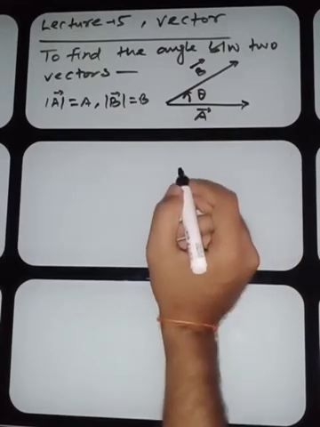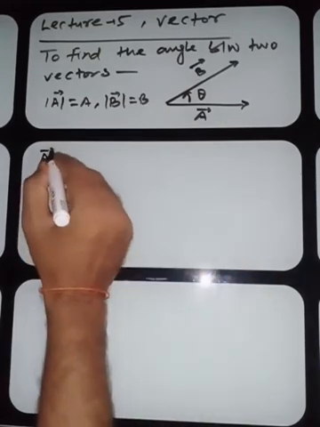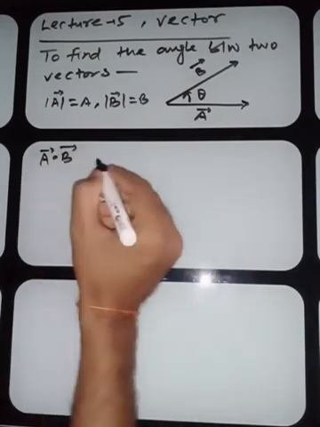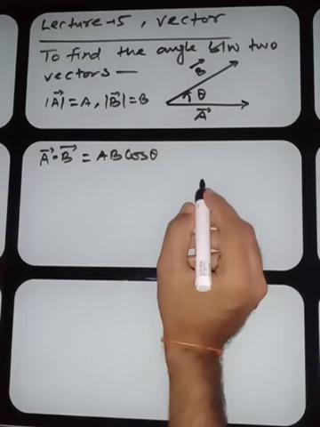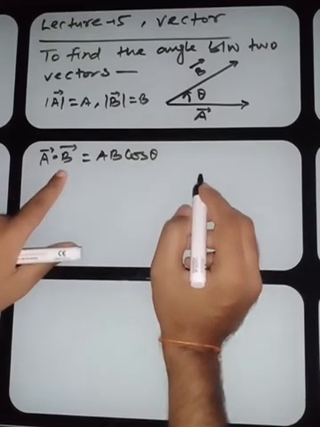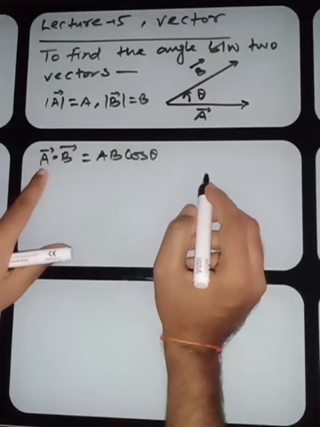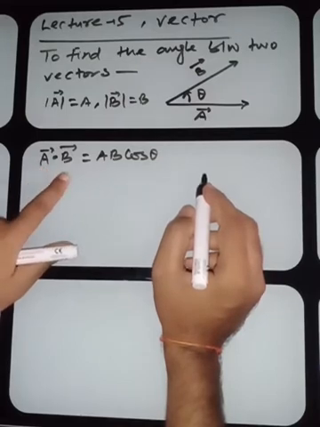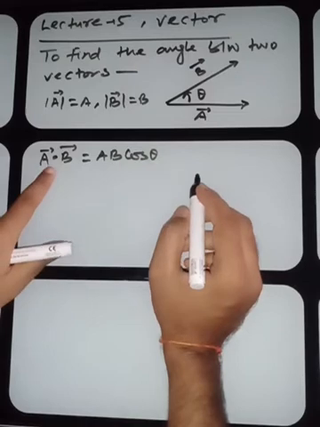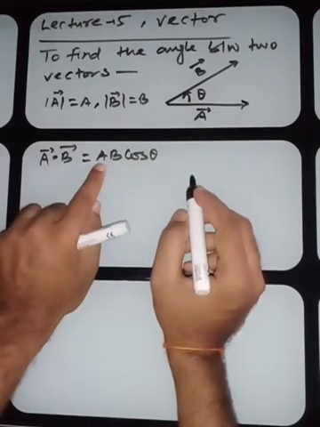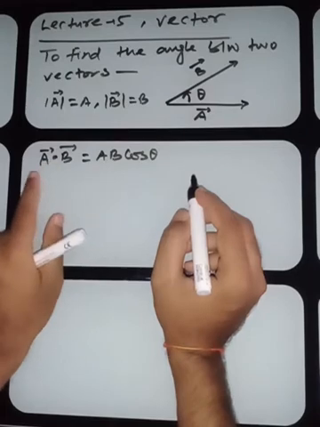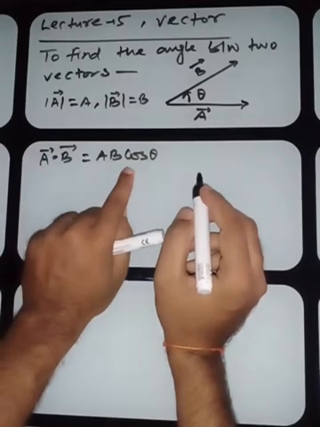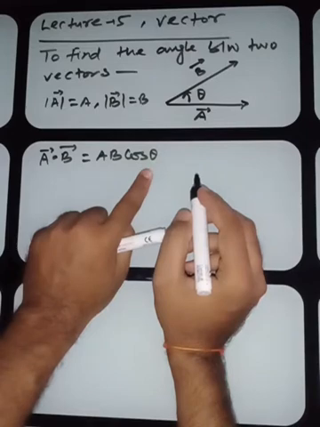Student, can we have the dot product between these two vectors, which we have studied already, as AB cos theta? Suppose you have been given two vectors A and B. Could you find the dot product of A and B? Yes, you have studied already. Could you find the magnitude of A? Yes. The magnitude of B? Yes. Now if you have the value of A dot B and the magnitudes A and B, then it is very easy to find cos theta and then theta as cos inverse.